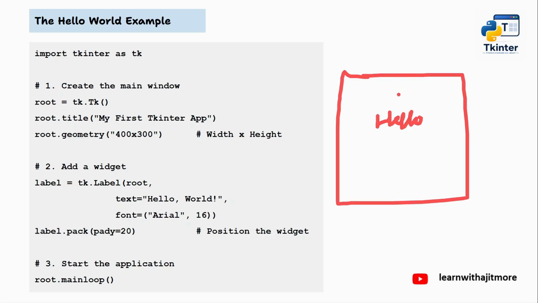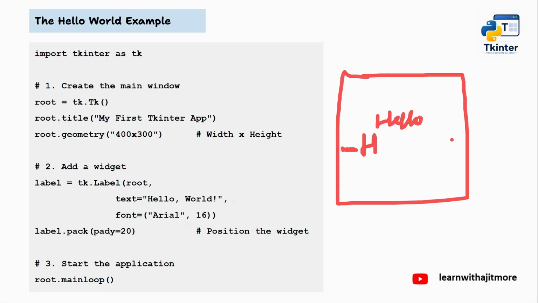And if you want some space, you can pass that to this geometry manager. You're telling pad y equal to 20. Padding means the space in the y direction. Pad x is also there, but pad x is of no use on this side. If this component is stuck to the left side, then pad x is useful.